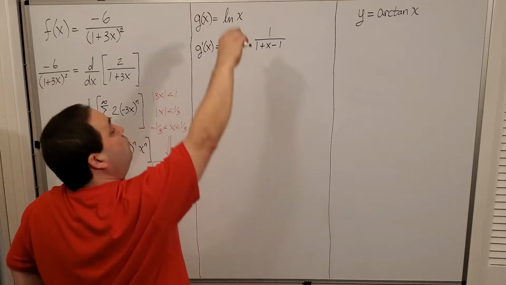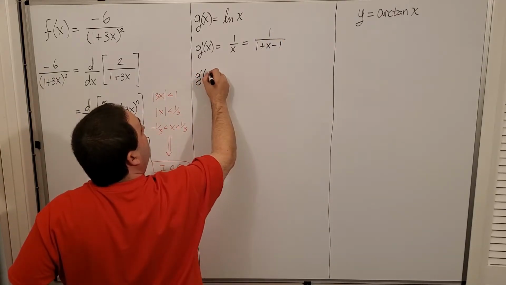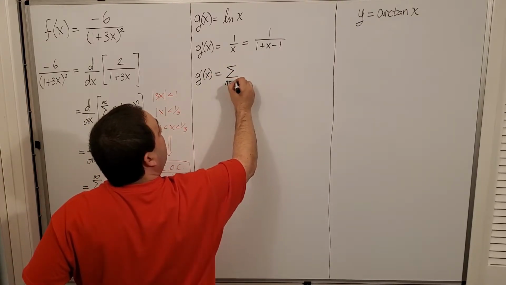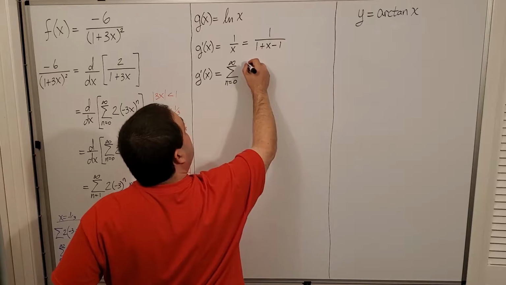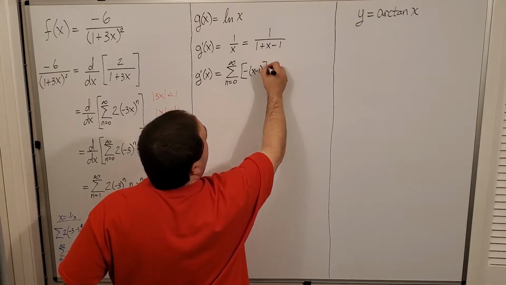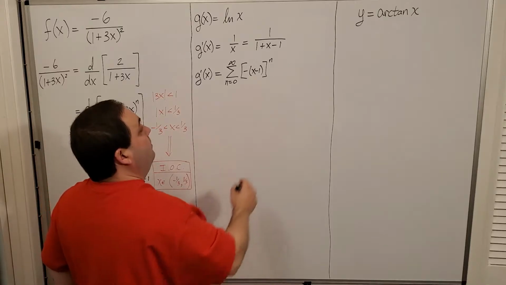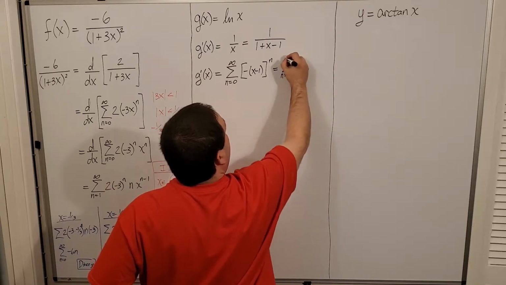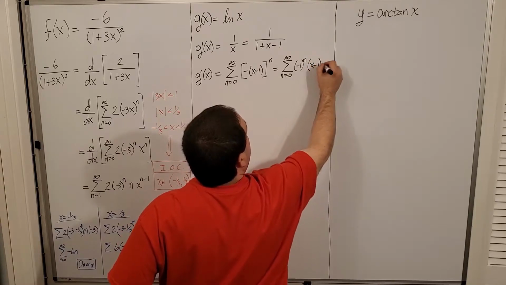And then our derivative, g prime, can be written as an infinite series, n equals 0 to infinity, of the negative x minus 1 raised to the n, like so. Well then, to write that another way, that's the sum n equals 0 to infinity of negative 1 to the n times x minus 1 to the n.